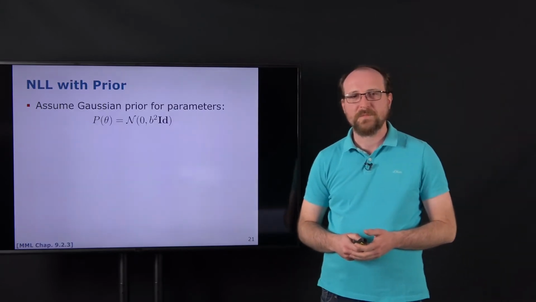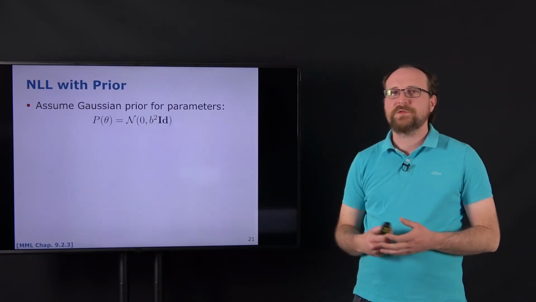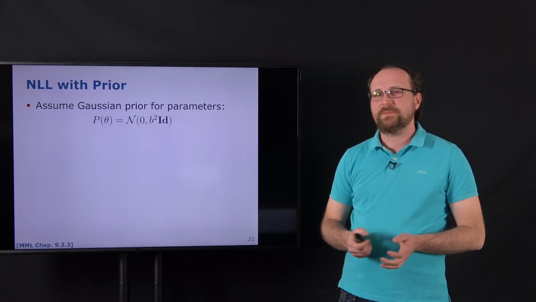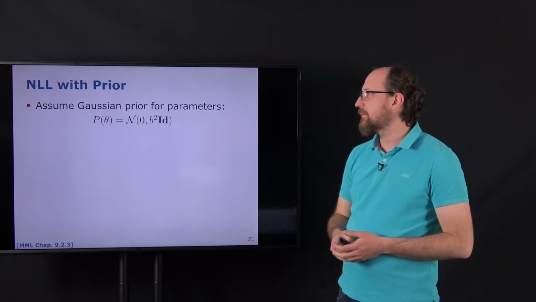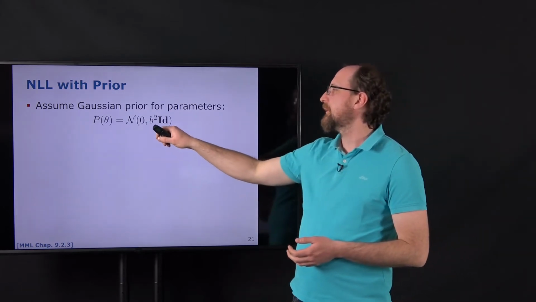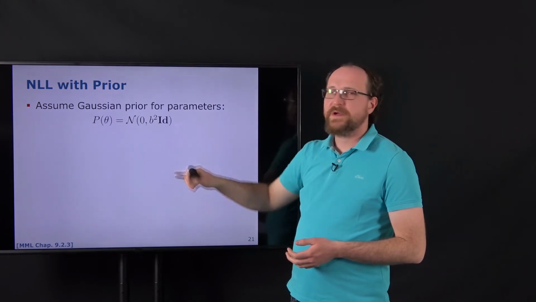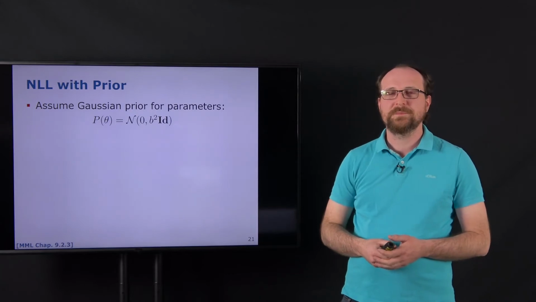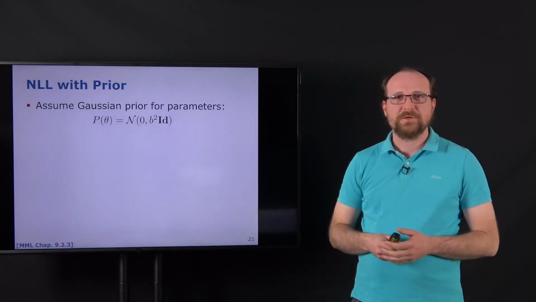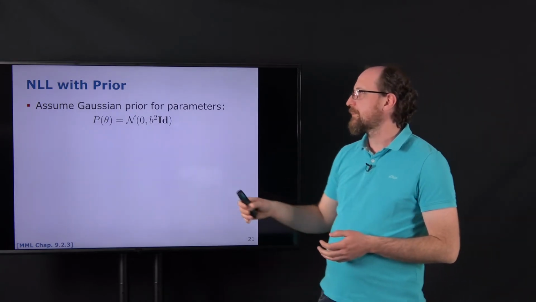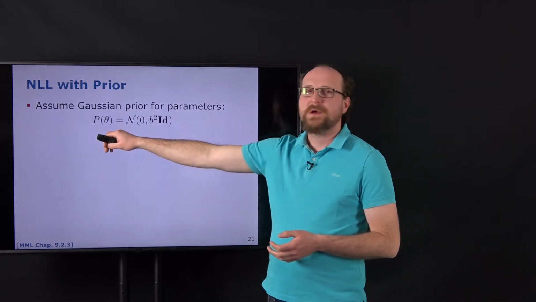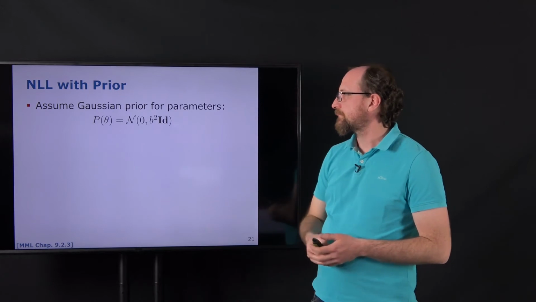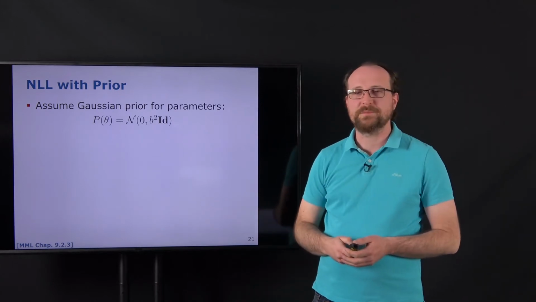So when you do the same derivation as before, we are now assuming for the prior, again, a normal distribution, but here we have now the b squared, which is the assumed shape of the prior distribution. And as you see, because the prior is now over theta, we have a multidimensional normal distribution here.